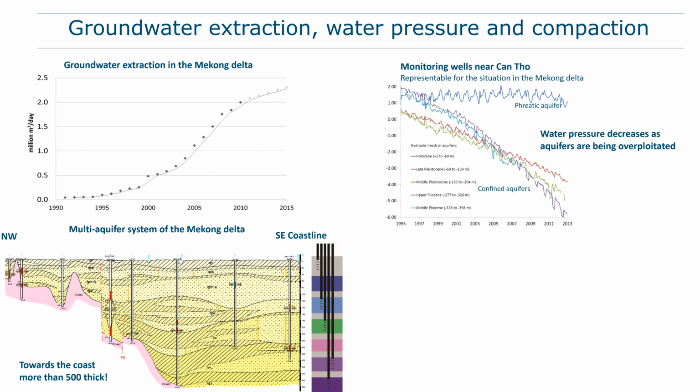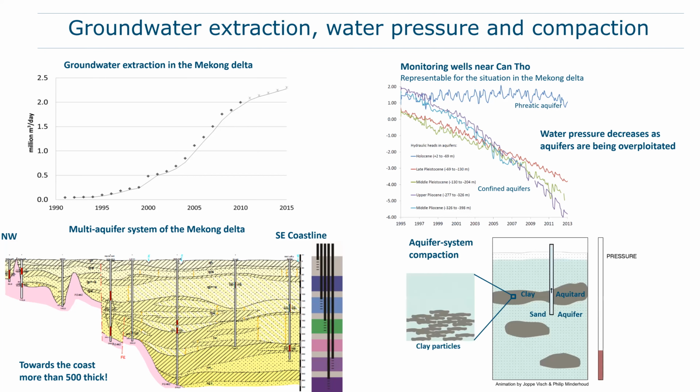And when this happens, you actually create the following process, which is called aquifer system compaction. So water is taken out of the sandy layers, which do not really respond and generally do not really compact. But then what happens as a secondary process is that water is also being drained from the softer deposits, so the clays.